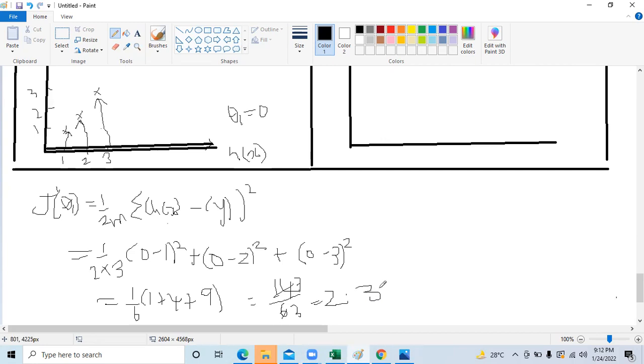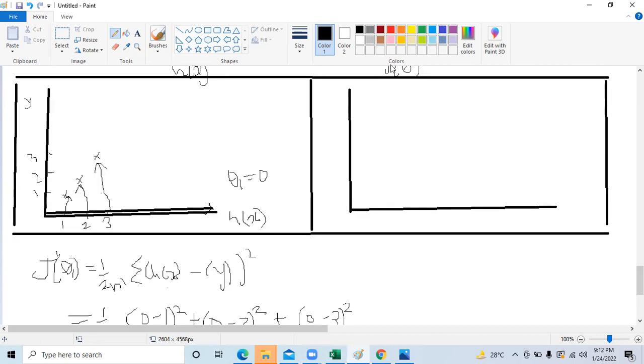Now let's go back here. This is our J theta, and this is our theta. Let me label 1, 2, 3.